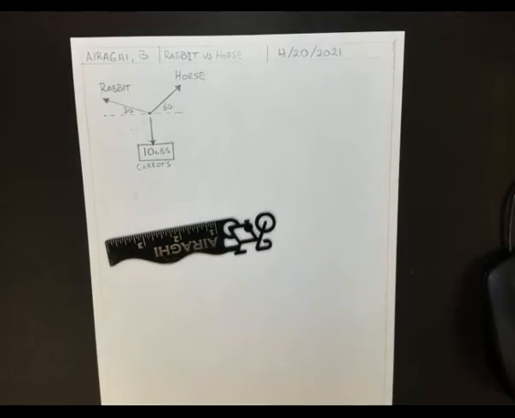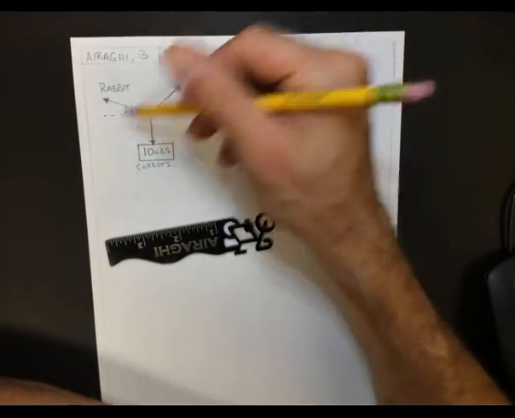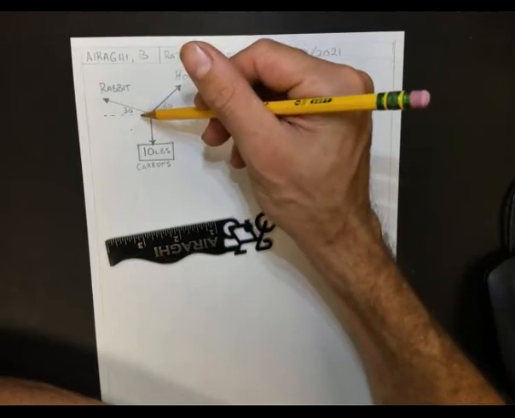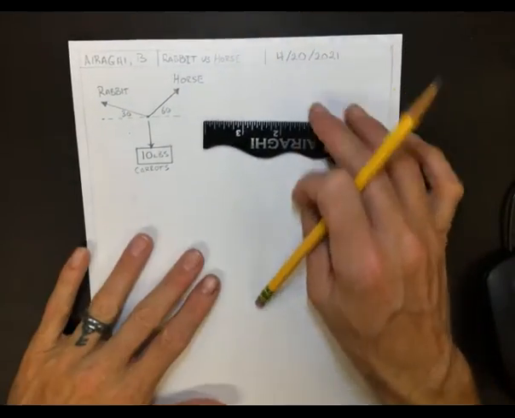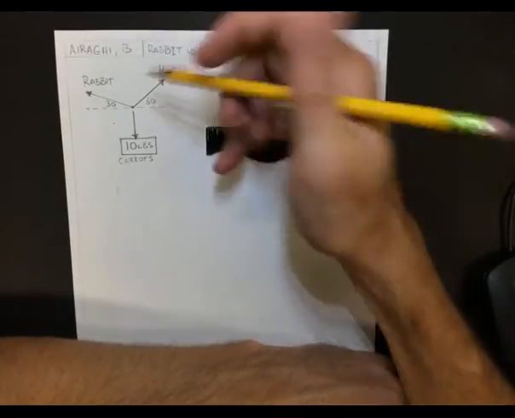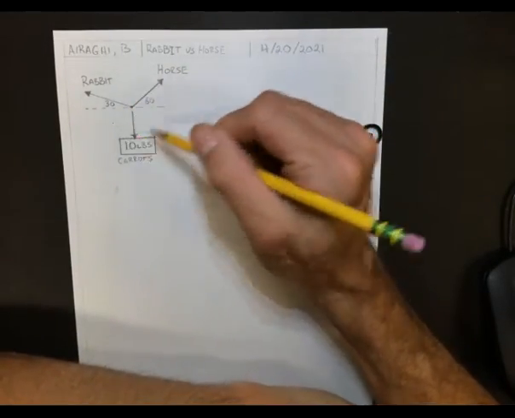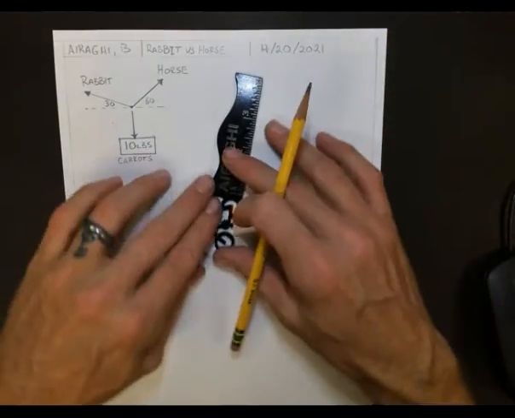So we have a 30, 60, 90 triangle basically for each one of the calculations. One's going to be longer and one's going to be shorter. Some people call this tip to tail. We need to turn this into a triangle so we can solve for the information.